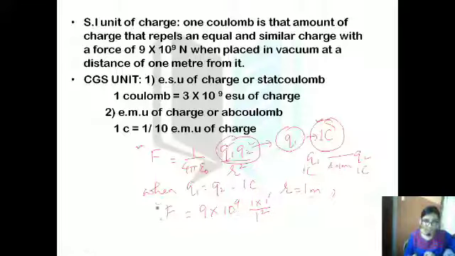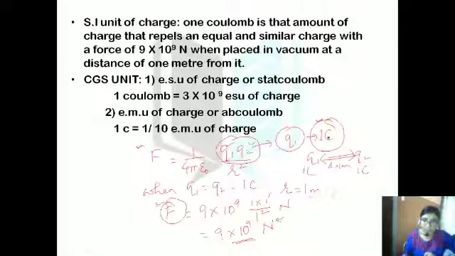The SI unit of force is Newton. So when we take 2 charges of 1 coulomb each separated by 1 meter, they will repel each other, and the force of repulsion acting between them will be 9 into 10 to the power 9 Newton.